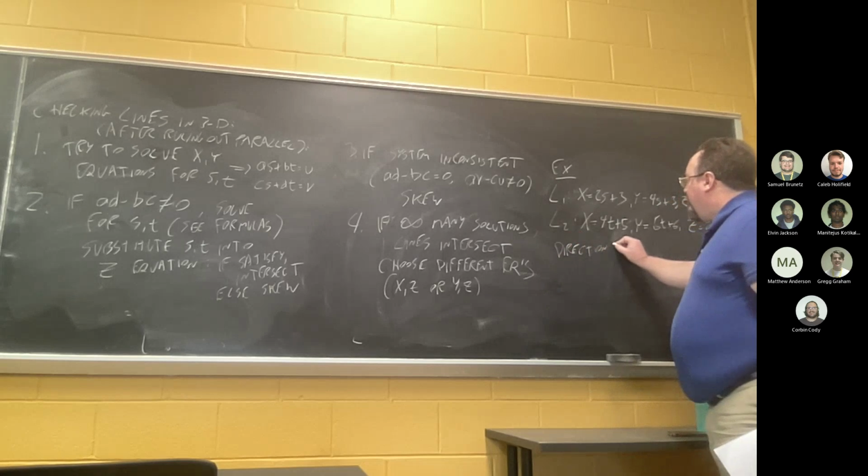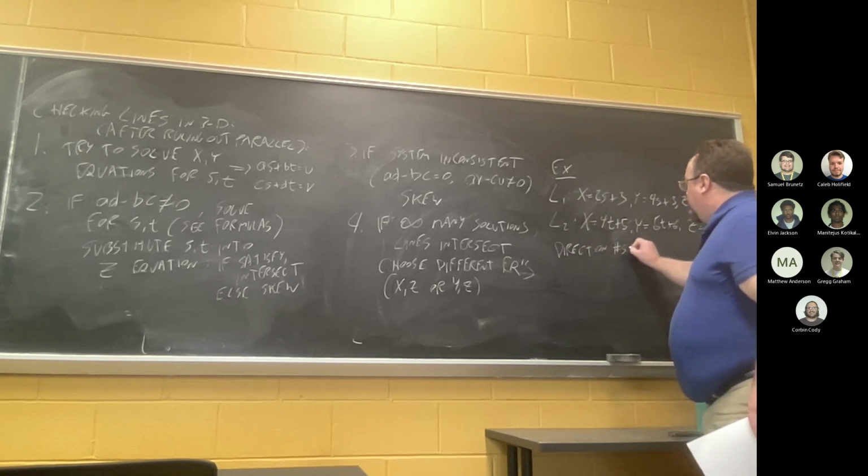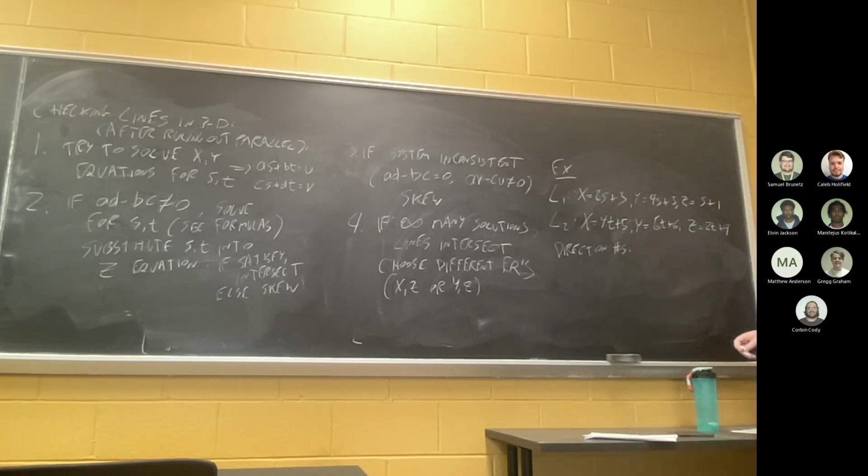So check whether it might be parallel. You look at the direction numbers for the two lines, the multiples of S. The first line, so 2, 4, 1. Then for the second line, you look at the numbers multiplying T. So we have 4, 5, and 2.